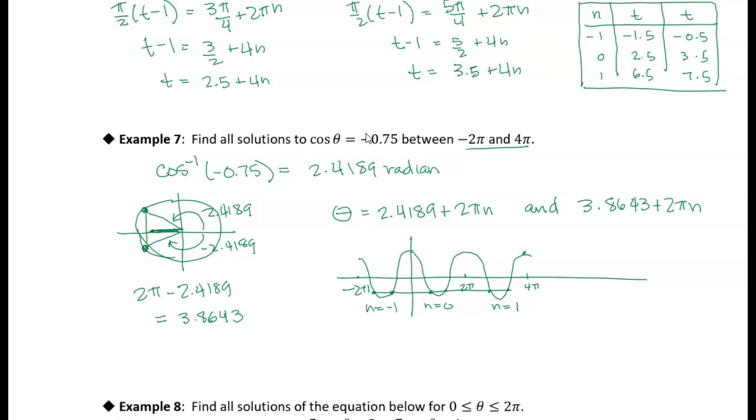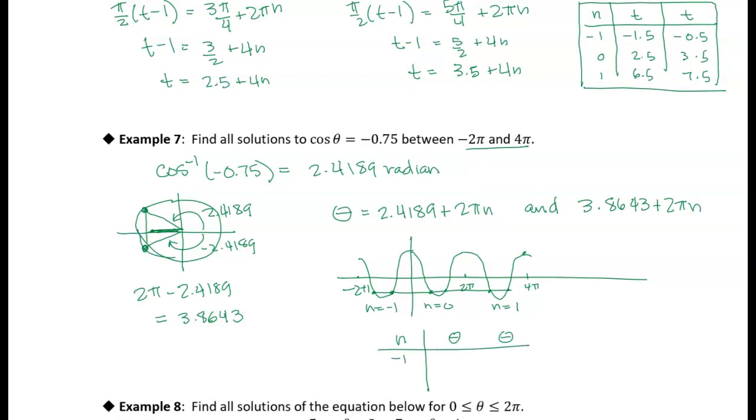negative 1. All right, so let's make a little table here. Actually, I'm going to set up a header for the table first. So I'm going to have n and my 2 theta values.